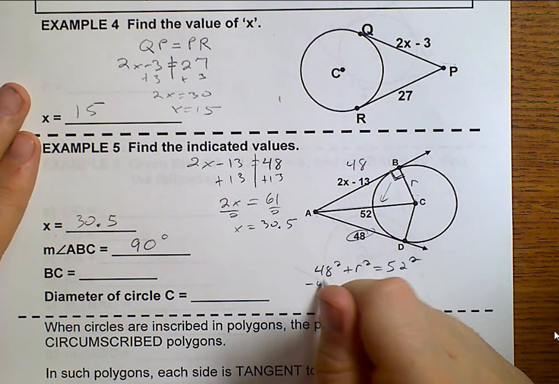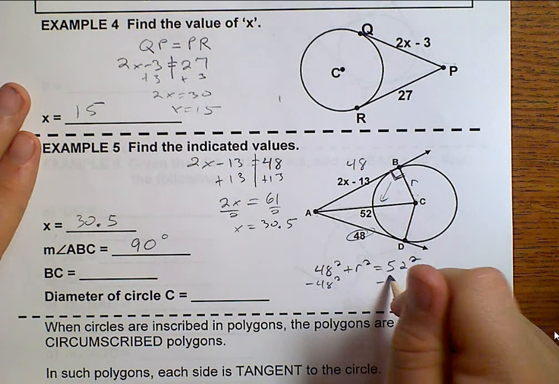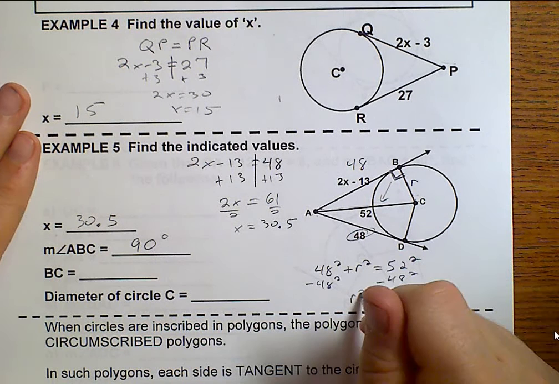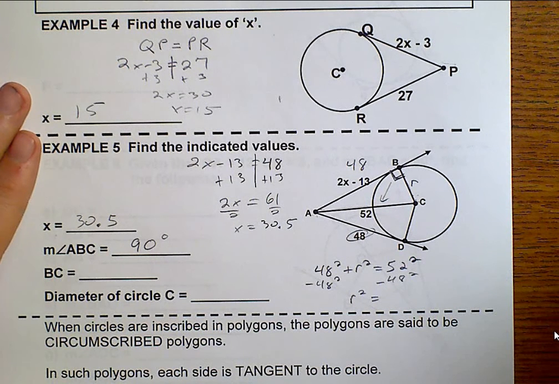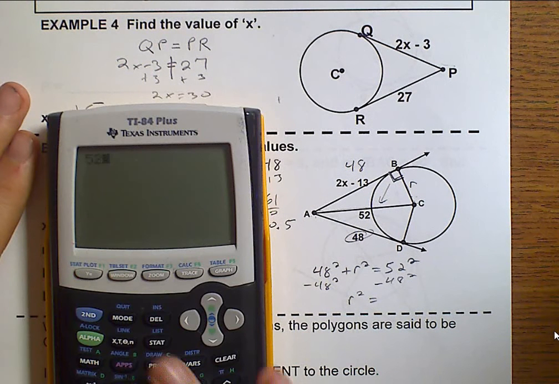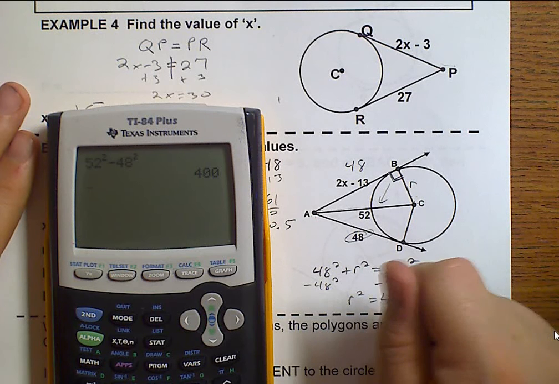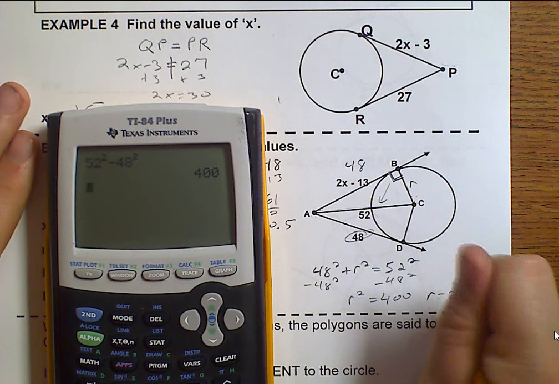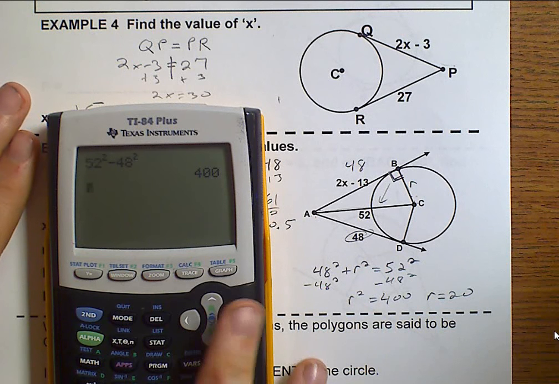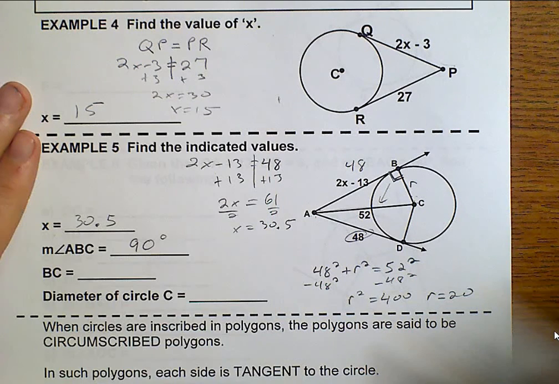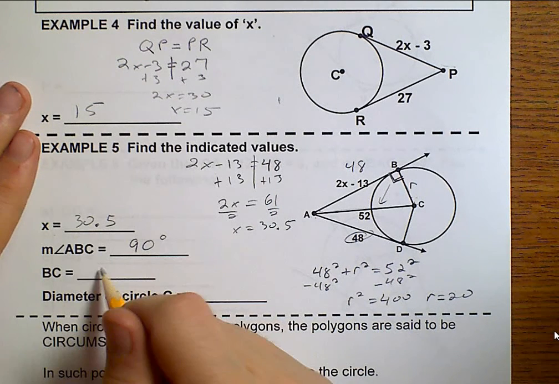We subtract 48 squared from both sides. We get that R squared equals 400, which means that R equals 20, because the square root of 400 is 20. So that means that BC is 20.